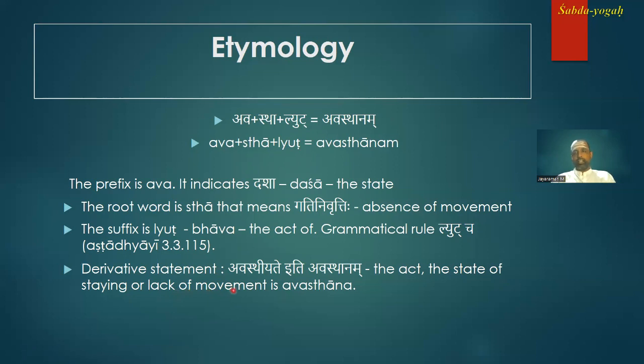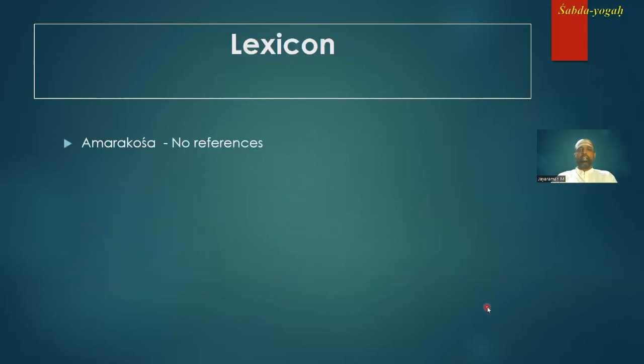So that is the meaning that we get from the etymological derivation of the term. In Lexicon, especially in Amarakosha, we do not find the entry of the term Avasthanam.